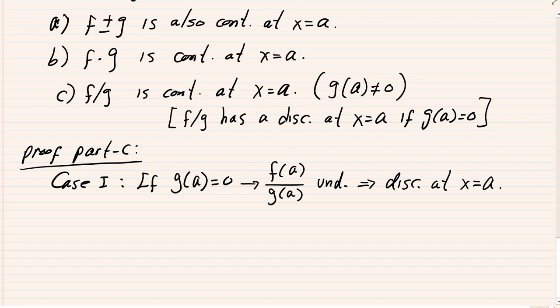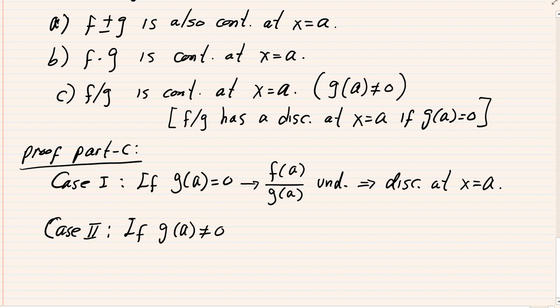So that's this part of the theorem. Now case 2 is where the denominator is not 0, that is, g at a doesn't equal 0.